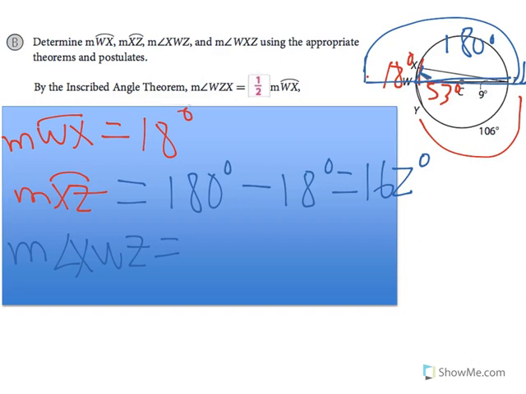Well, we know that this part here from X to Z is 162, so then this angle is half of that, so we take 162 divided by 2, which would be 81 degrees.